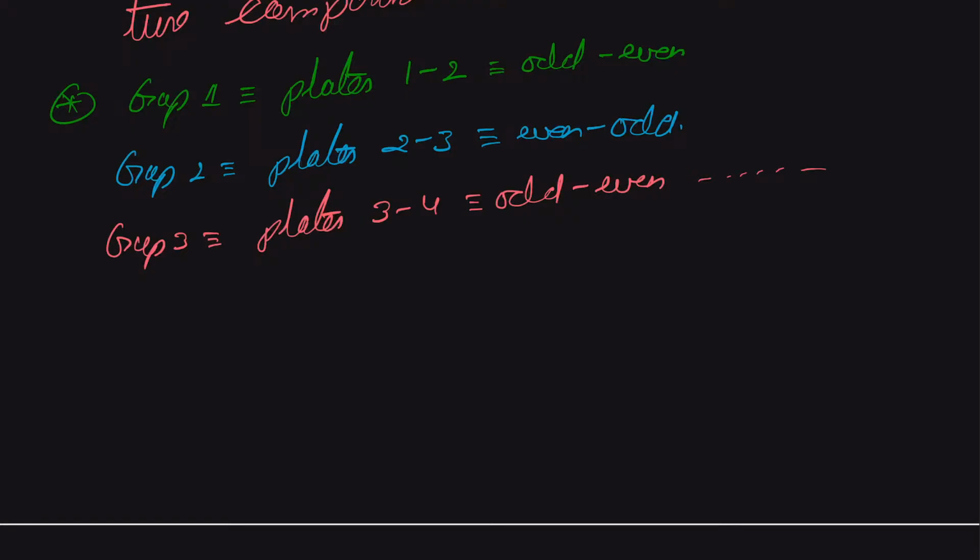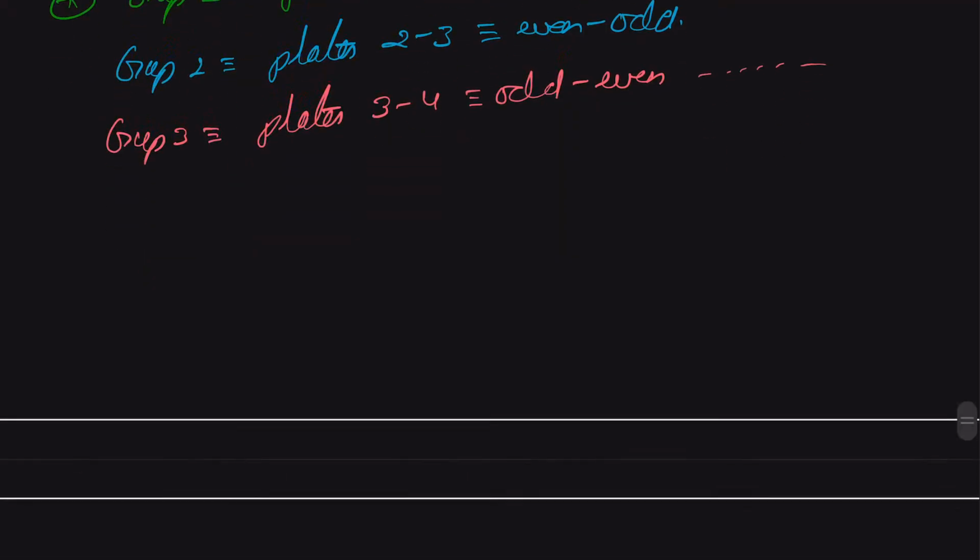It means each gap is going to generate an individual capacitance of a parallel plate capacitor, whose formula is known to us.